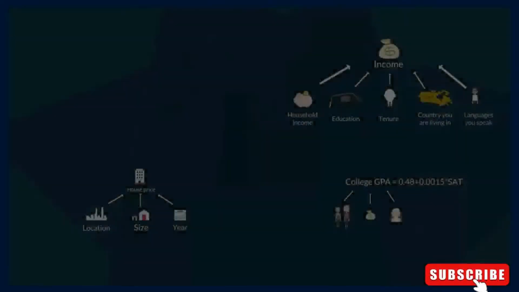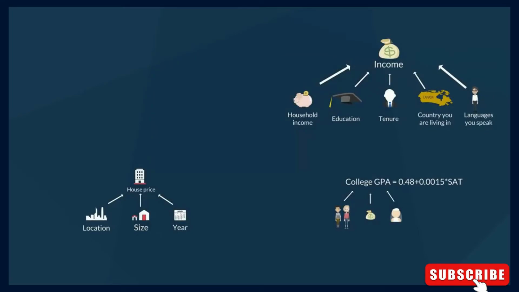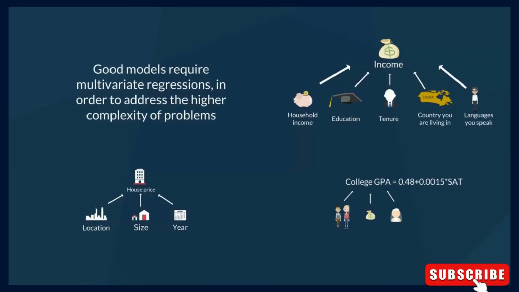If we want to make good models, we need multivariate regressions. Multivariate regressions address the higher complexity of problems. The more variables you have, the more factors you are considering in a model. In the real world, things depend on 2, 3, or even 10 or 20 factors.